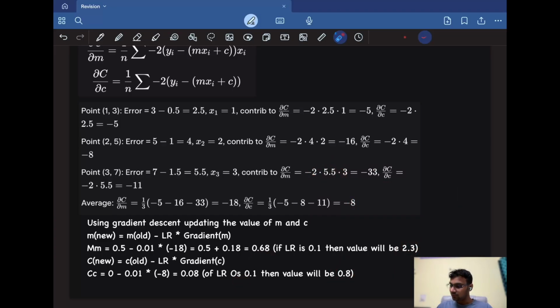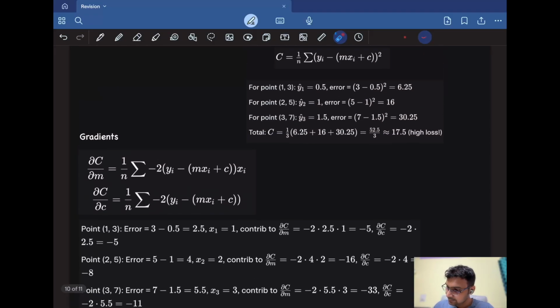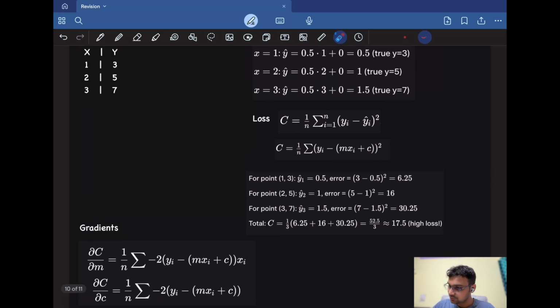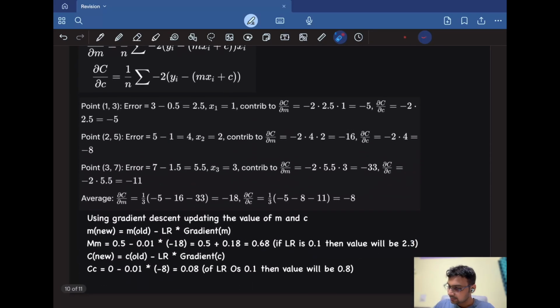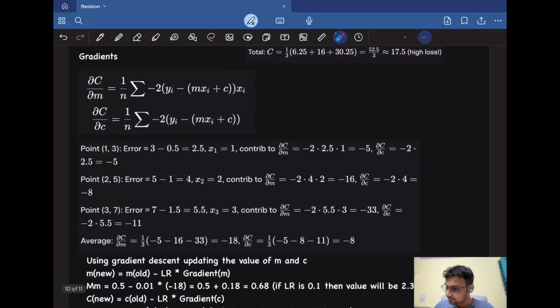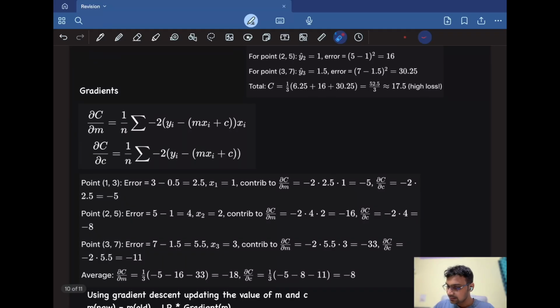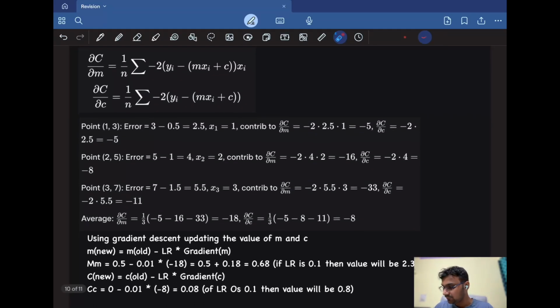Now, if we feed these new values of M and C again into this iteration, into this loop, then calculate the cost function, and then again calculate the gradient, we will find out we will be much closer to the actual value.